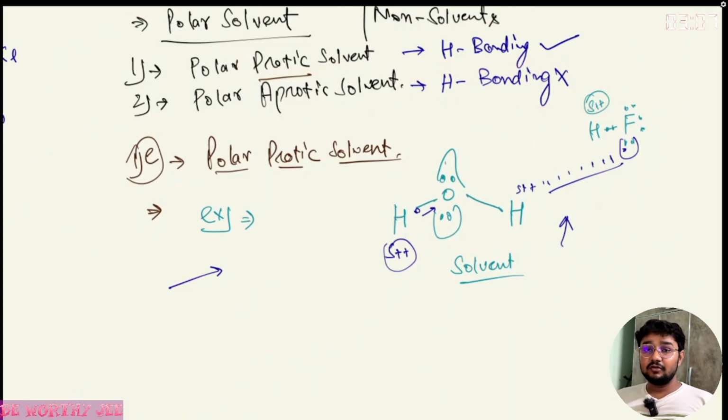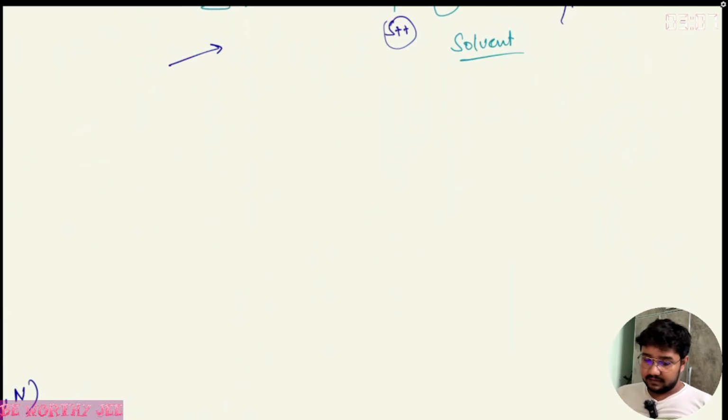So why do we study so? Because, as I already said, if a product favors H bonding formation, then the stability of the product can differ or can be dependent on these solvents.